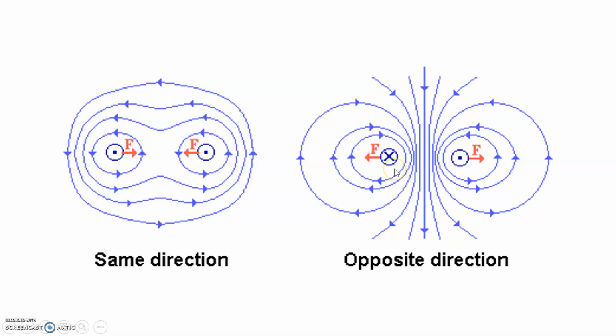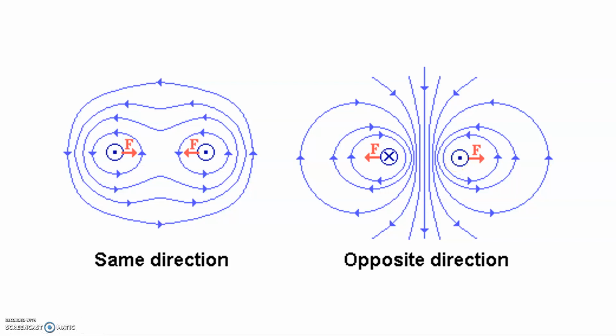Versus if we look at the two wires with a view from above going in opposite directions, we can see that this wire on the left, because it has the cross in it, the current is going into the page, away from us, and we can see this wire, the current is coming out of the page towards us.